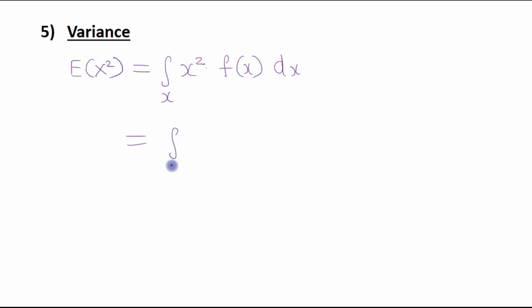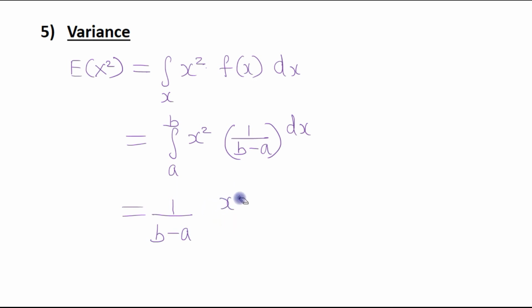Next one is variance. To calculate the variance, we need to find E(x square). And this will become x cube upon 3.